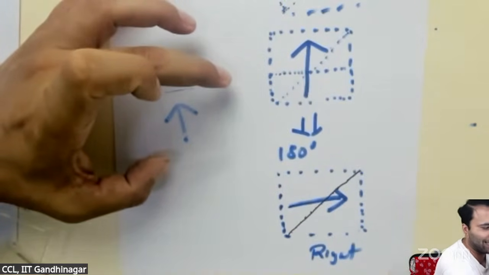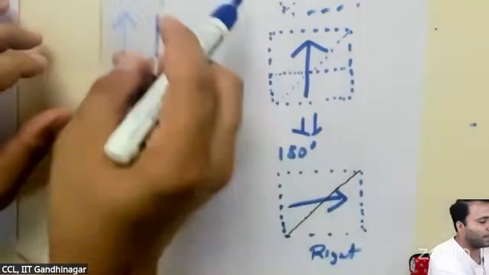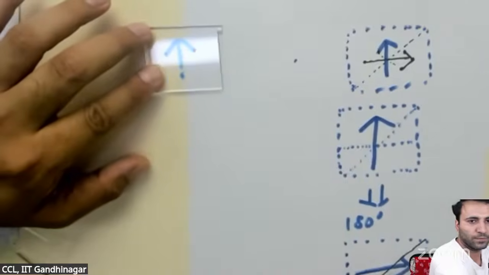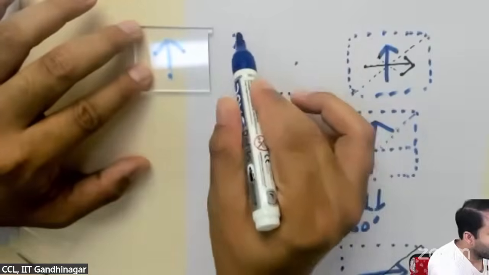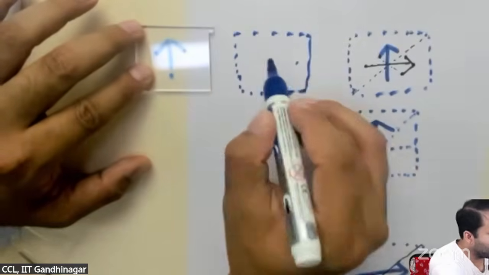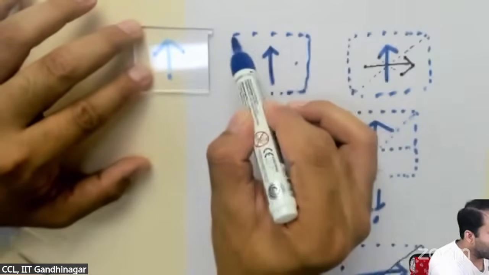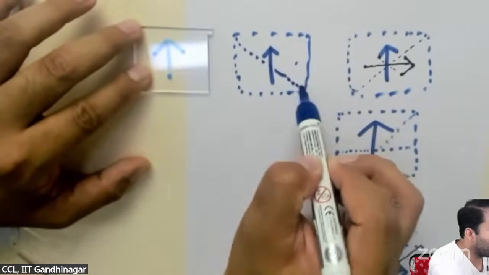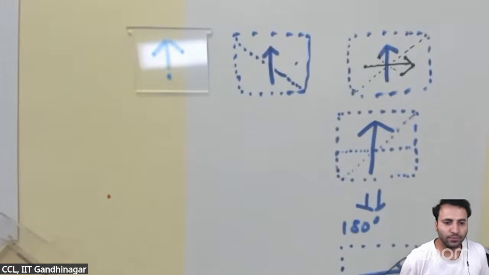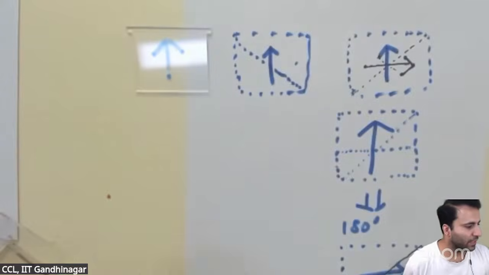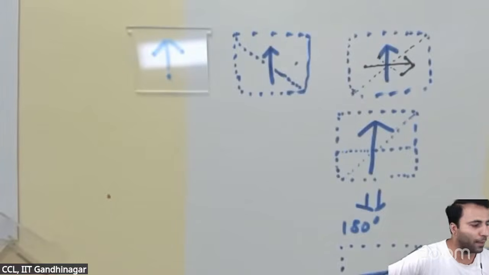ठीक है. तो आप कुछ इस तरह से इसको सोच सकते हैं. And now can somebody tell me, okay, let's say for example, if I have this on the upward direction, and if I rotate it around this diagonal, where will it going to point to? अगर यहां पे करूंगा तो कौन सी साइड पे फ्लिप होगा?